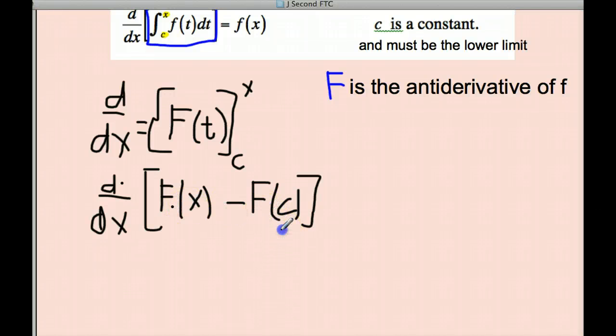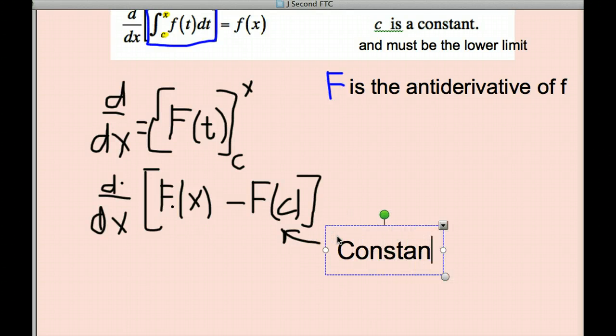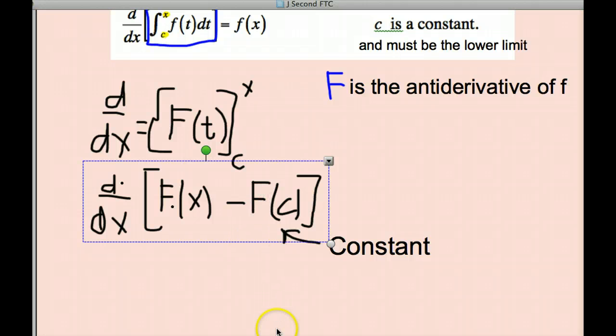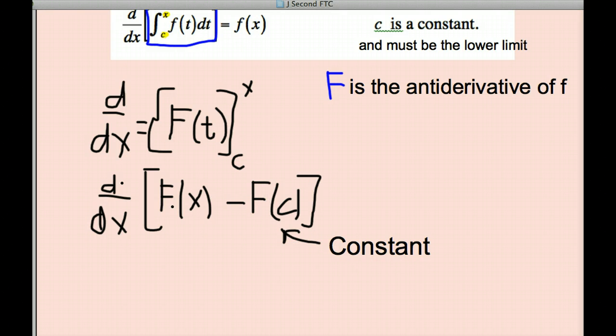But no matter what, if c is a constant and I plug this in, once again, reminder, this is a constant, we know that the derivative of a constant is always equal to 0. So when I end up taking the derivative of the second part, this F of c actually cancels out.